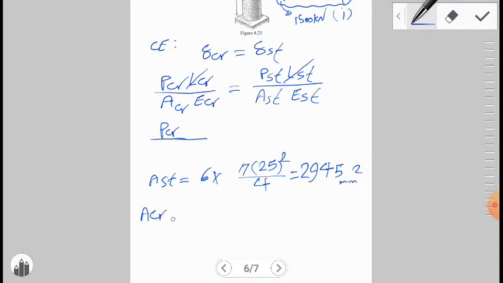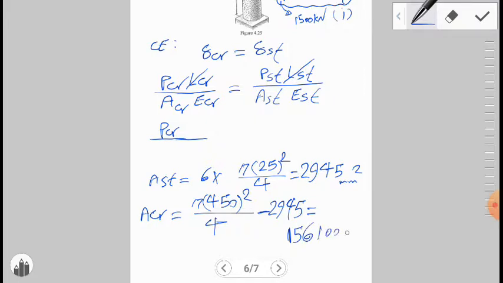A concrete is equal to pi times 450 squared over 4 minus 2945, which is equal to 156 millimeter squared. That's why A concrete, we can write here, is equal to 156100.